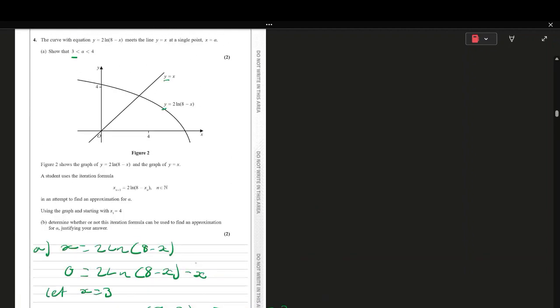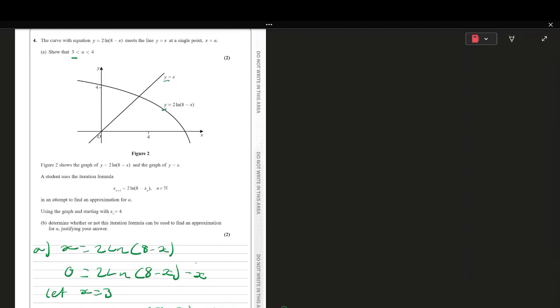So for part B, using the graph and starting with x1 equals 4, determine whether or not this iteration formula can be used to find an approximation for alpha, justifying your answer.